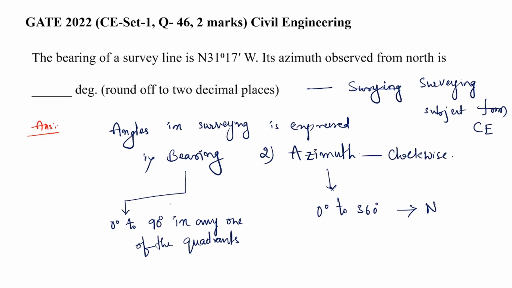Now let me show you how bearing is expressed. Any point can be expressed from a benchmark point, let us say this is the origin. Suppose I want to express the location or angle of this point, then I have four types of bearings.